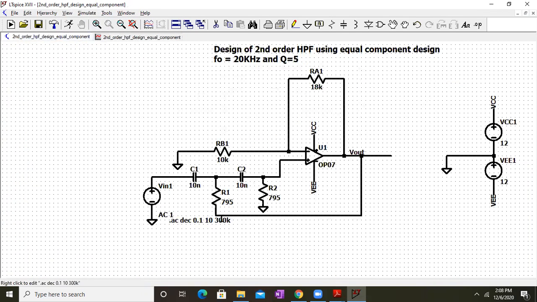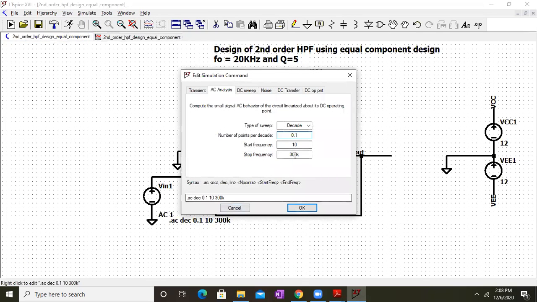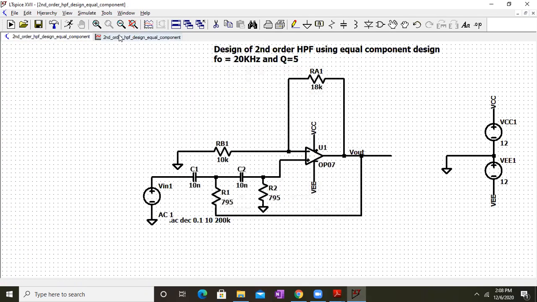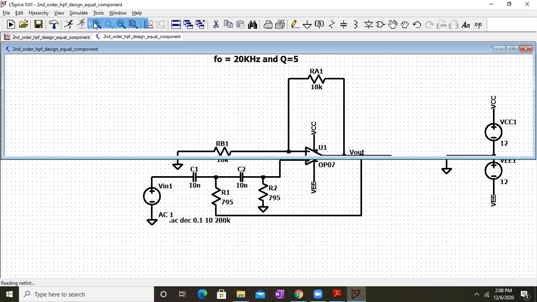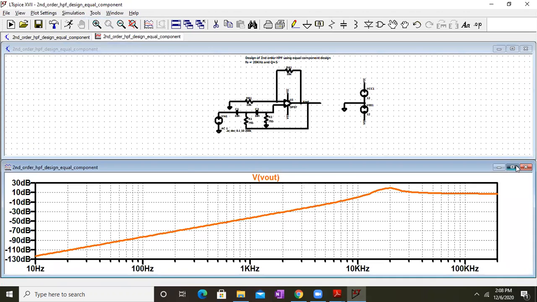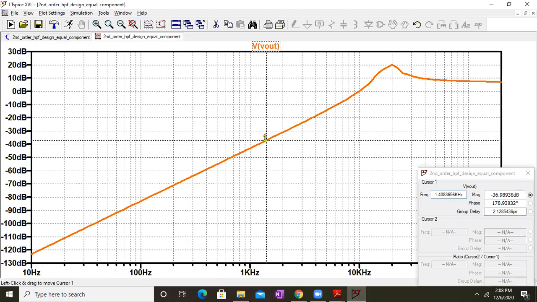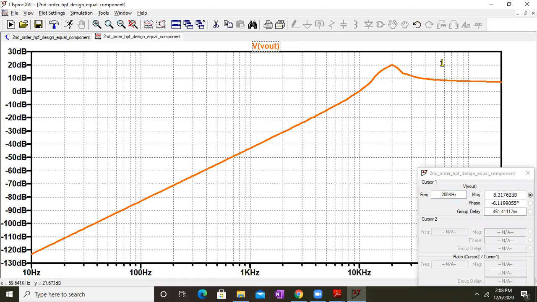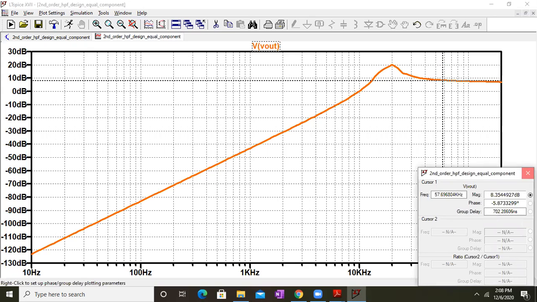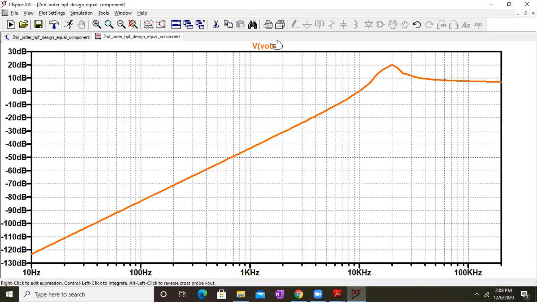Yeah, I think let's keep it as 200K only. Okay. So the passband gain will be somewhere around 8.35 dB, right?